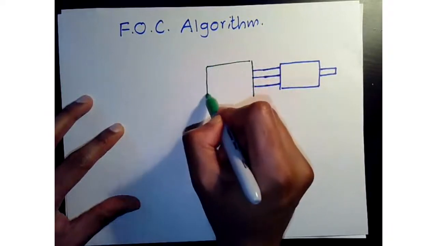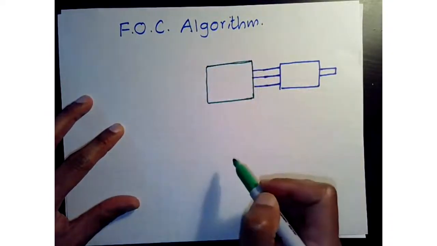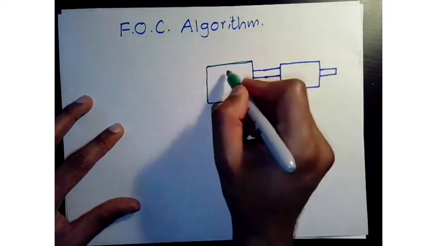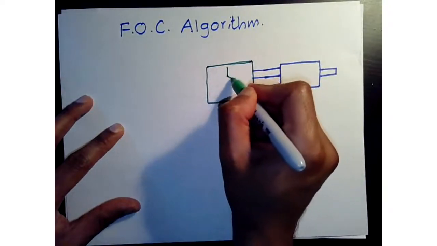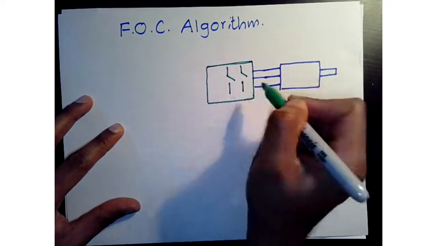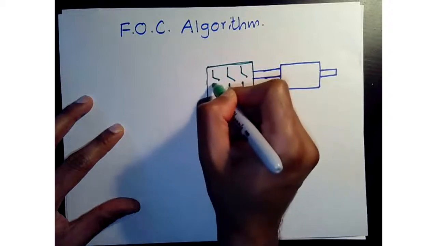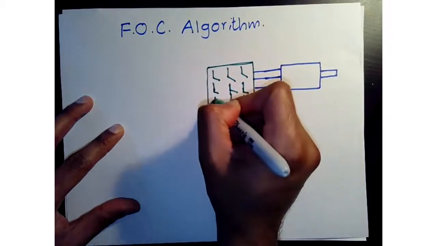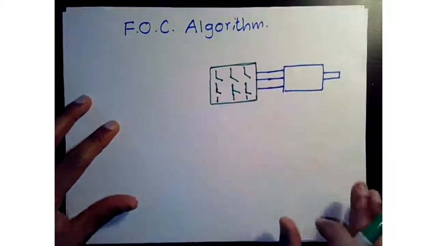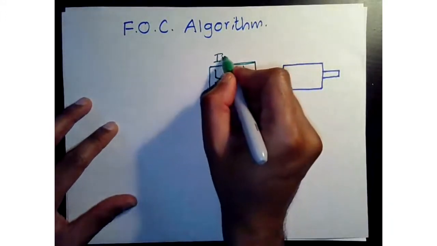Typically this is a PWM switched inverter, and I'll draw it like that to show the switches. We'll talk about the three-phase and PWM generation later. So this is our inverter.